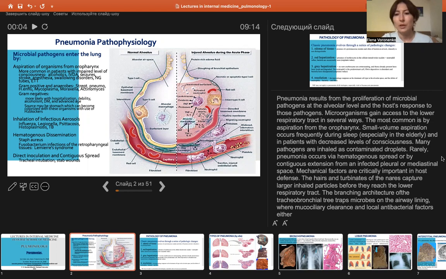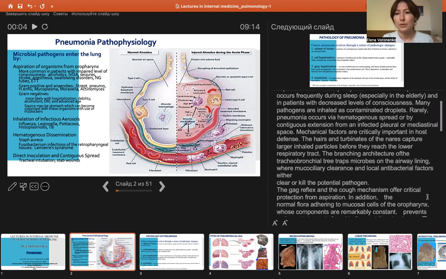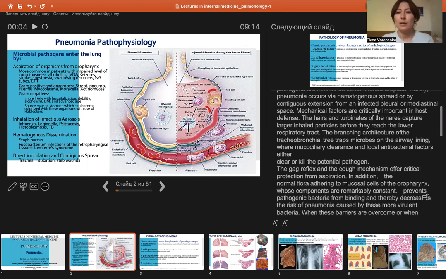Mechanical factors are critically important in host defense. The hairs and turbinates of the nares capture larger inhaled particles before they reach the lower respiratory tract.